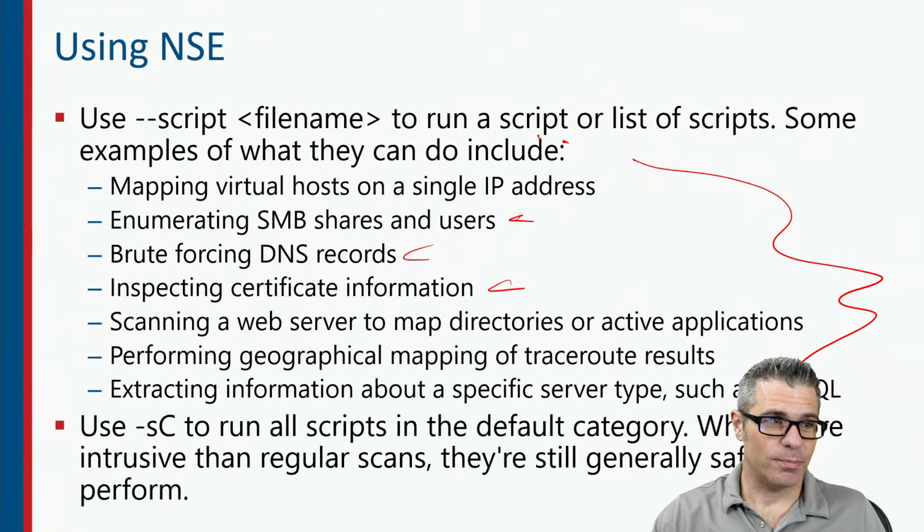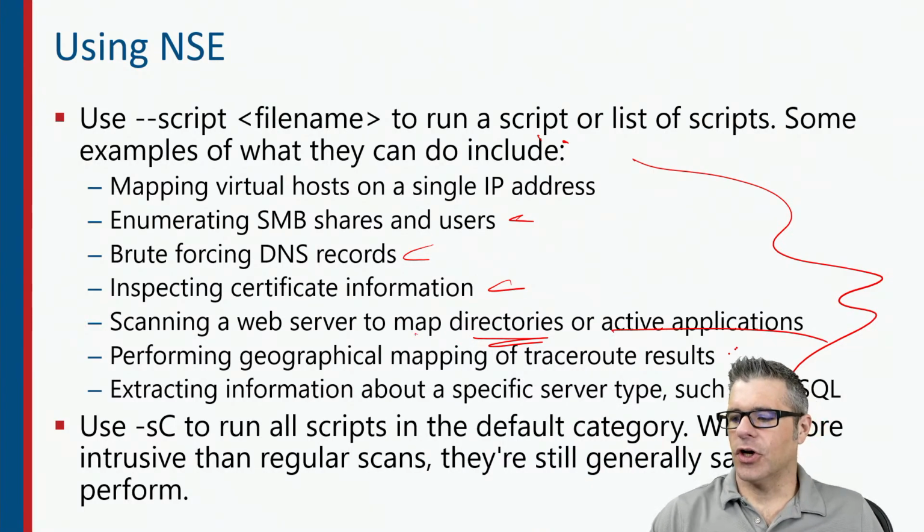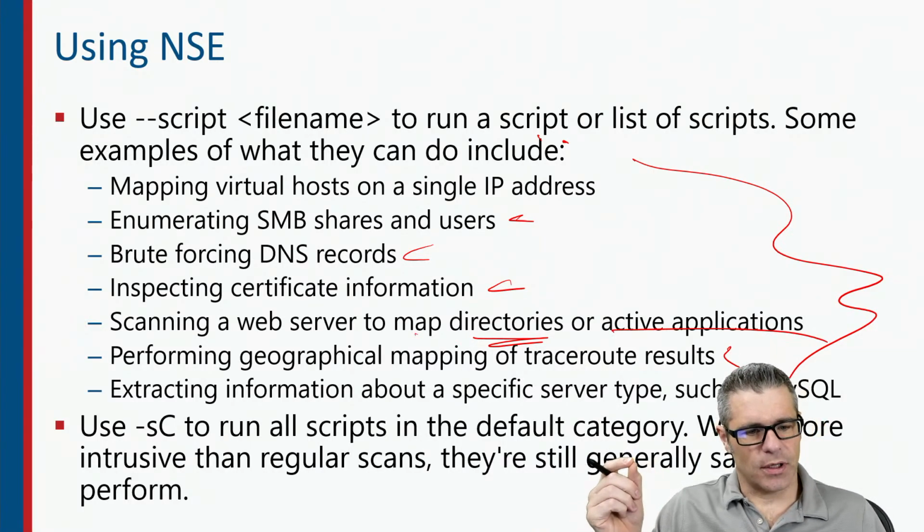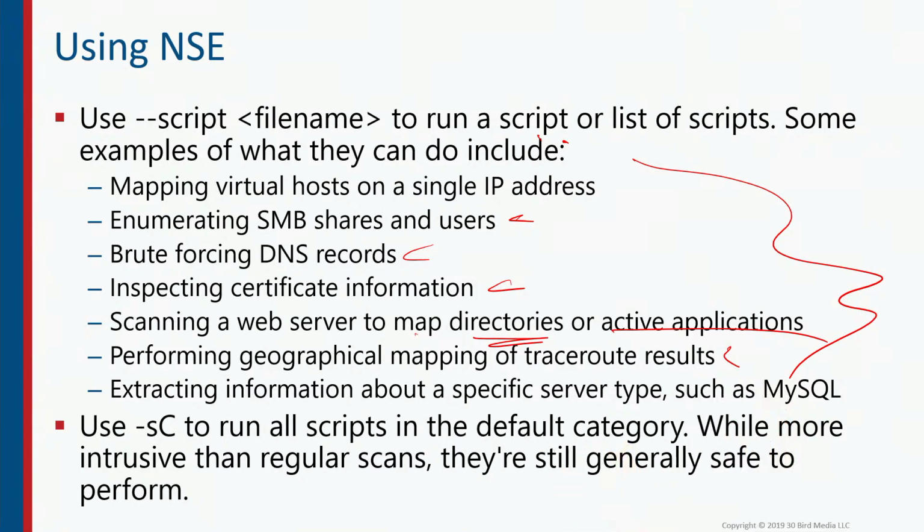It can go through and do the certificates that are coming back from things, enumerate all the directories and applications running on a web server, go back through and take those traceroute results and tie them to one of those geomapping databases. Maybe that works sometimes, as long as they're not doing anything cute with like a VPN or something.